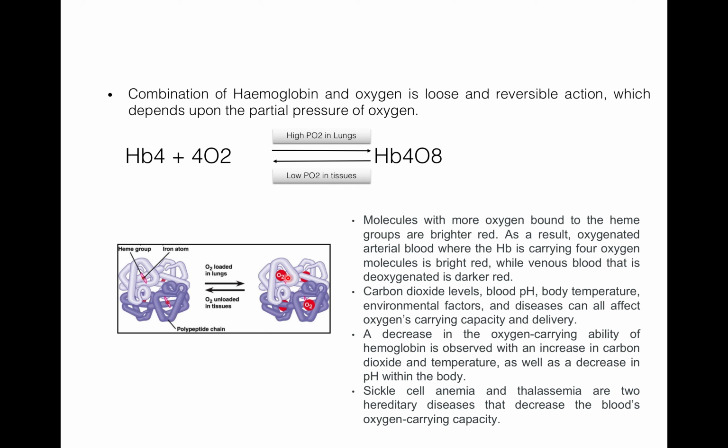So you can see oxygen with hemoglobin, that is oxyhemoglobin. When there is low partial pressure of oxygen in tissue, then it dissociates and oxygen is removed or detached from hemoglobin.